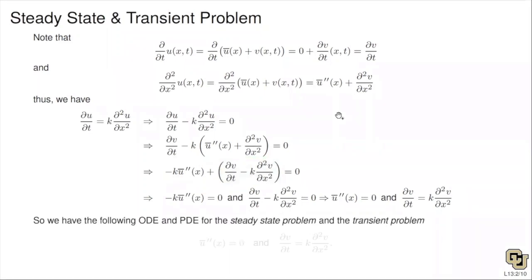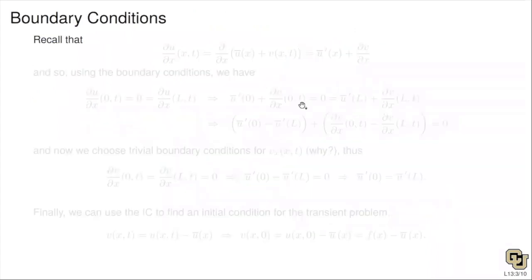And so now, as you know, we should find boundary conditions for both, and initial conditions for the PDE. This is the part I want to show you that's a little bit different. All that other stuff, hopefully, is familiar to you.